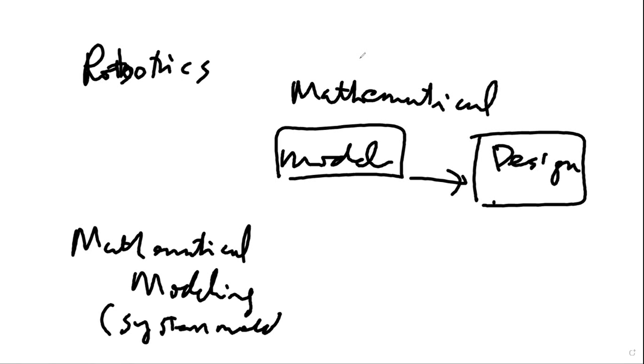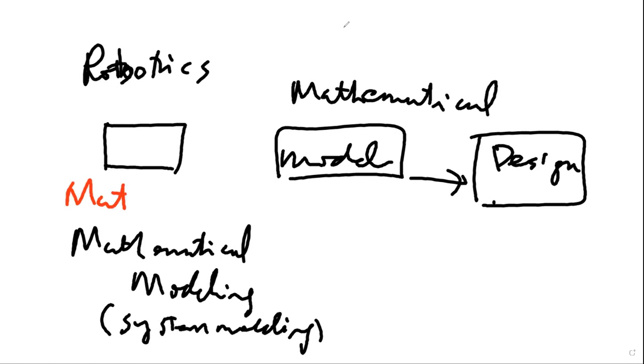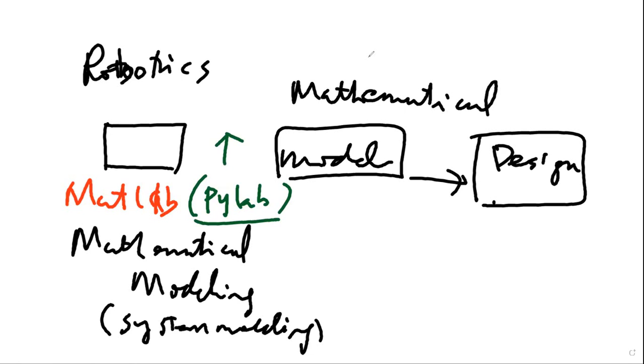In system modeling, sometimes we use math and computational information, and we describe the block diagram. A lot of people use MATLAB for system analysis, and we use PyLab. In Python, PyLab is actually NumPy plus Matplotlib. I talked about it last time.